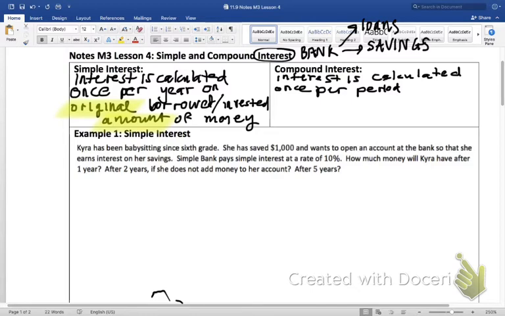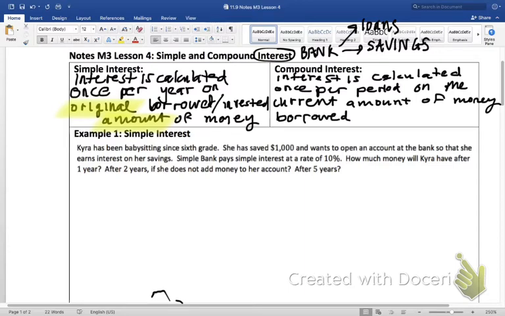So once per period on the current amount of money borrowed or invested. That current amount is the key difference: original amount versus current amount. And it's going to mean something different when we go to write a formula in each situation.